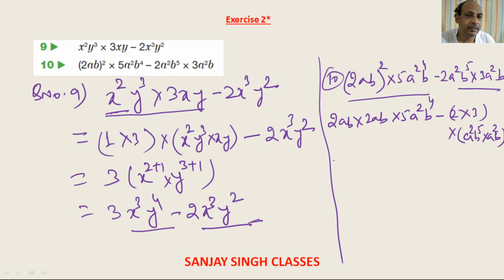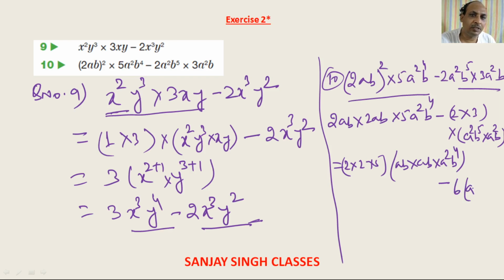Further here 2 into 2 into 5 we will write, then ab into a square b4 minus, here we can write 6 and a to the power 2 plus 2, b to the power 5 plus 1.